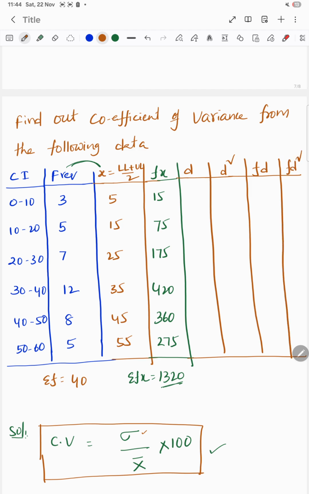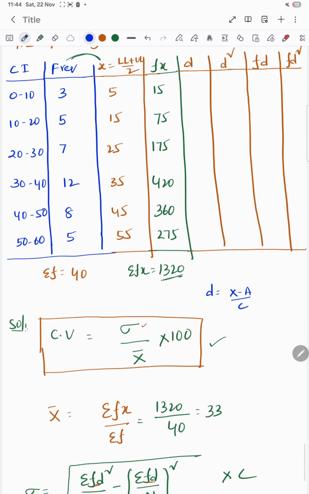As we know, d means deviations, and deviations are calculated by x minus a by c, where a means assumed mean. You can use assumed mean, or you can use the mean, as we already got mean as 33. So you can use 33 also.